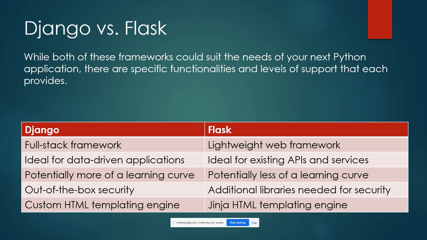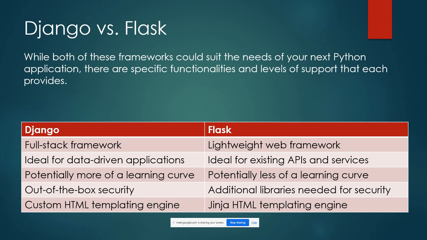There is another framework also implemented in Python, that is Flask, but there are some differences between Django and Flask. Flask is a lightweight web framework, used for lightweight applications. But Django is a full stack framework.